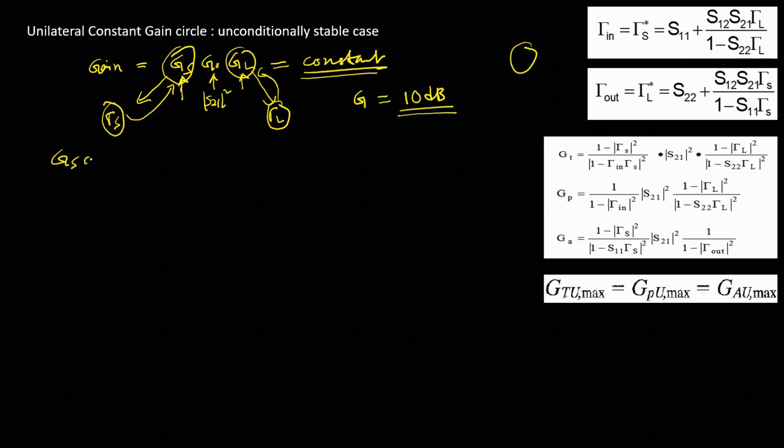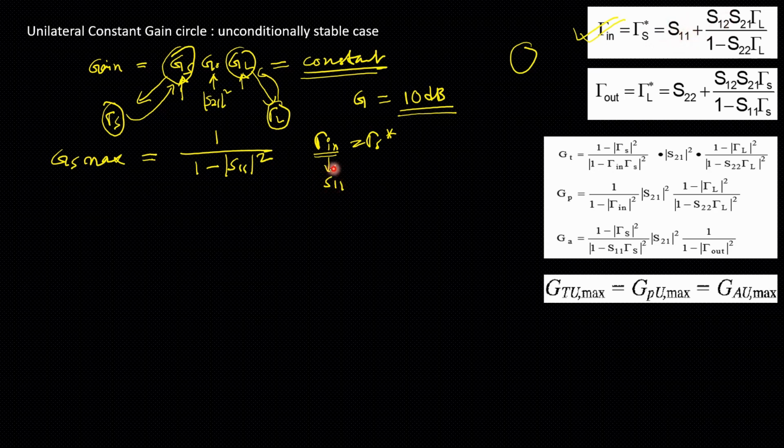So what is my GS max? From the last video we know it is 1 minus mod S11 square. This is the maximum GS I can achieve, and this happens when I take gamma in equal to gamma S conjugate. And gamma in, because it is unilateral, is our S11, because you have the gamma in equation, and if you put S12 equal to 0, then it is only S11.